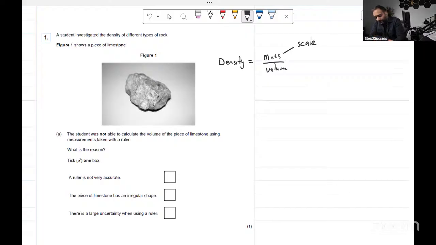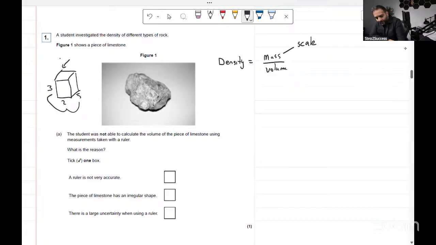But for volume, the problem with objects that look like this is that I can't use a ruler and measure things. Like if I gave you a cube and I said, find the volume, well, you could measure this side, and this side, and multiply them together. You can use a ruler to find the volume of an object that looks like this.